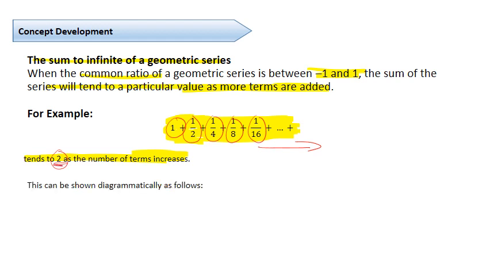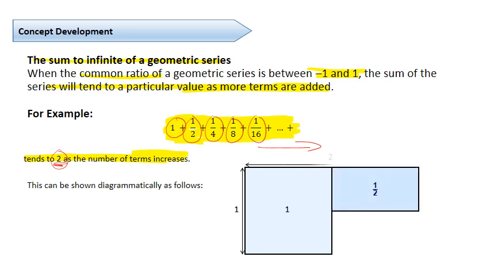Let me show you in a diagram. Suppose we have a square with an area of 1, and it's 1 unit by 1 unit, and then we add a rectangle, and then we keep adding, and I hope you can see a bit of a pattern here. We keep adding again and again and again.